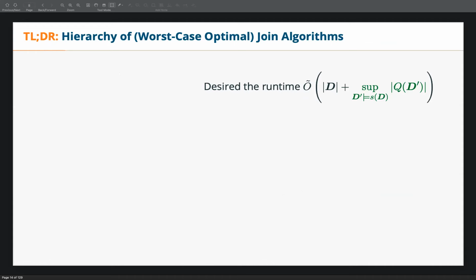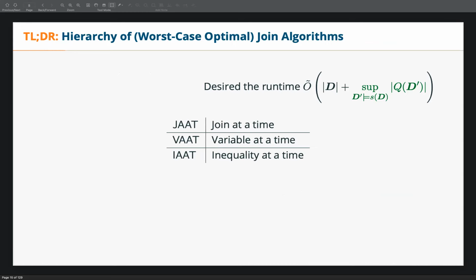All right. So here's a quick summary of worst case optimal join algorithms. Remember that the desired runtime is input size plus the worst case output size. And there are basically three classes of join algorithms.